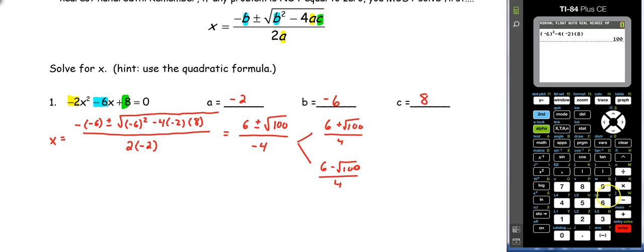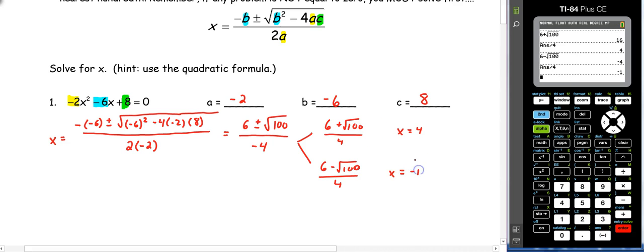So in the calculator, I'm going to have 6 plus the square root of 100 divided by 4. And I get that x equals 4 for the first equation. And the second equation, I have 6 minus the square root of 100 divided by 4. And I get x equals -1.